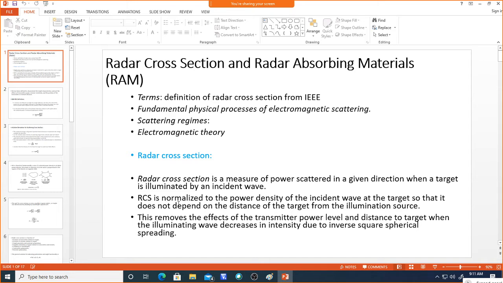That's why, in order to find out the RCS, we need to normalize the power density of the incident wave. When we normalize, the received power also gets normalized with respect to the maximum received power, so that it is easy to find out the RCS. Okay, so that's why the RCS is normalized to the power density of the incident wave at the target, so that it does not depend on the distance of the target from the illumination source.